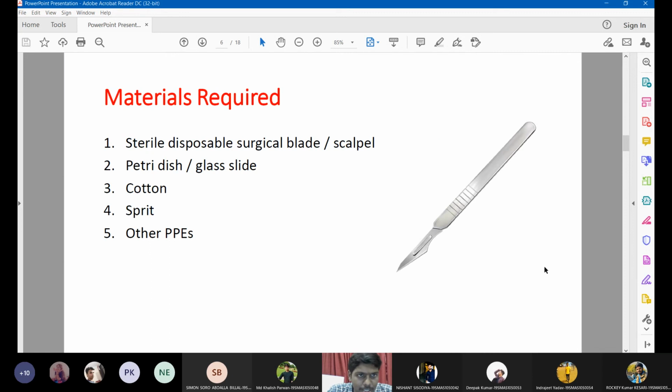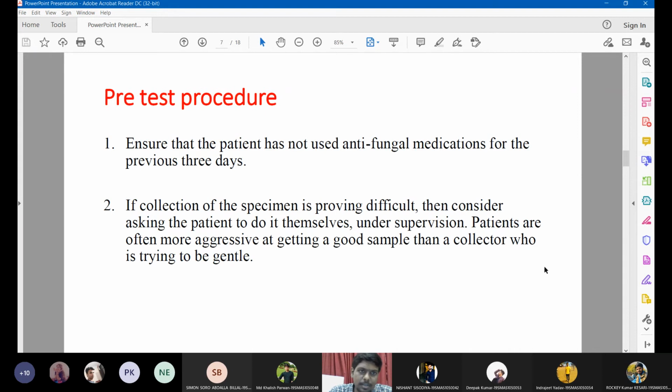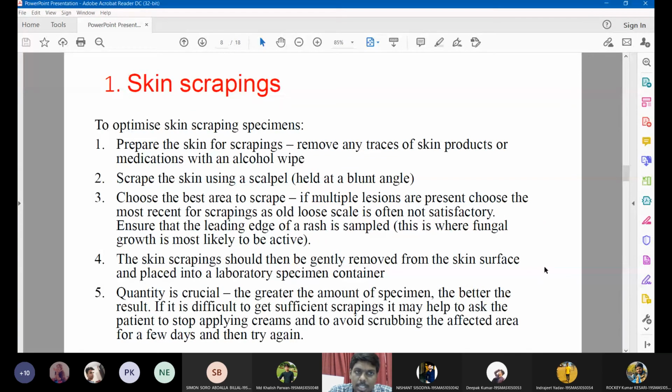So the materials required are sterile disposable gloves, sterile disposable blade, petri dish, glass slide, cotton, spirit, and PPEs. And the pre-test procedure includes that we need to ensure that the patient has not taken any antifungal medications for the past 3 days, and sometimes, under supervision, the patient can take the specimens by themselves.